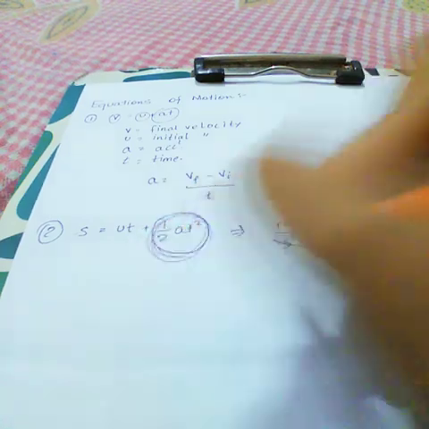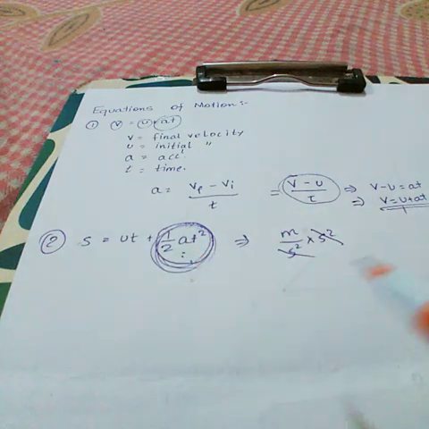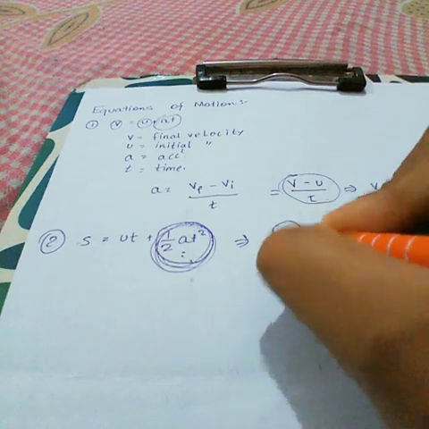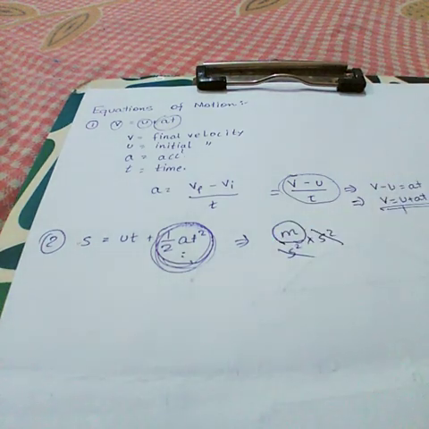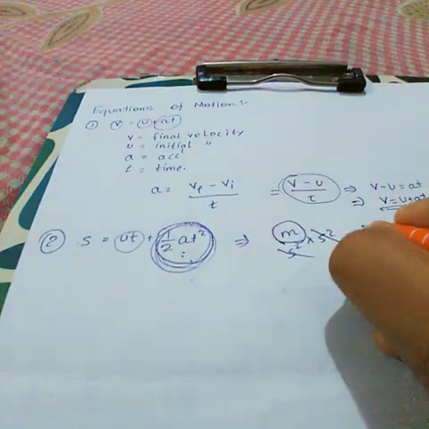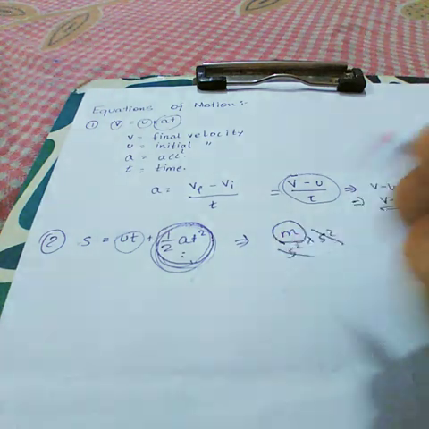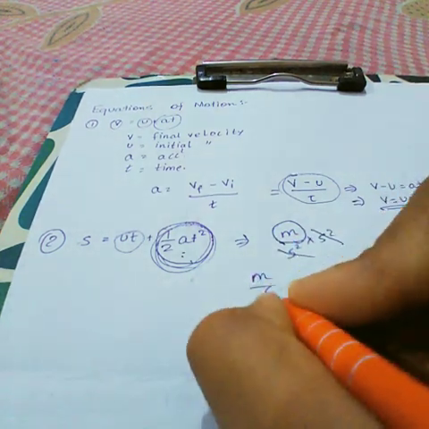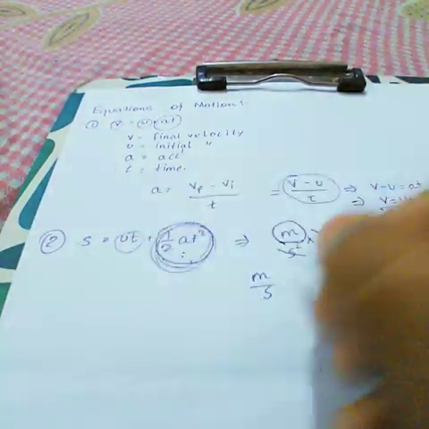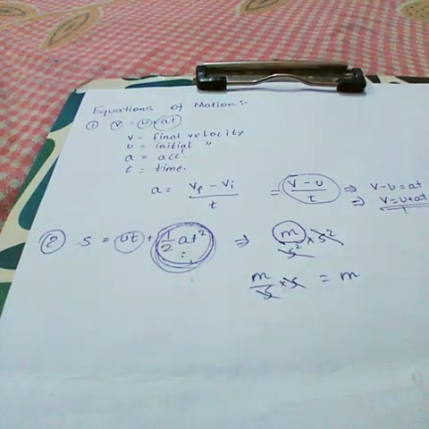So this particular part of the equation's unit will be meters. We have derived the unit, and for ut, u is velocity, so meters per second, and t, time, is in second, so meters.